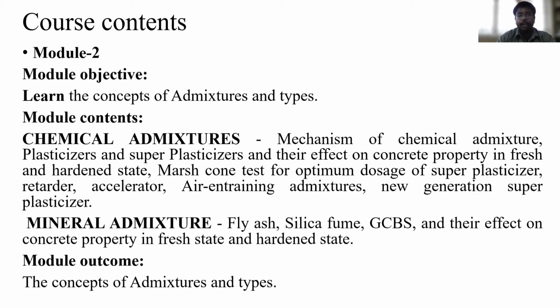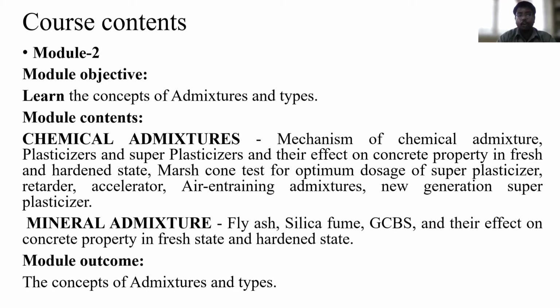In the chemical admixtures, we are going to study the mechanism of plasticizers and superplasticizers, their behavior and their effect on the properties of concrete, both in fresh as well as hardened state, and what is the optimum content or dosage which we need to provide as a superplasticizer to the concrete ingredients. And we need to study about retarders.